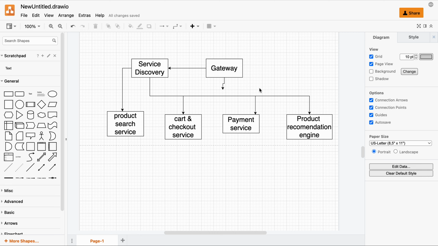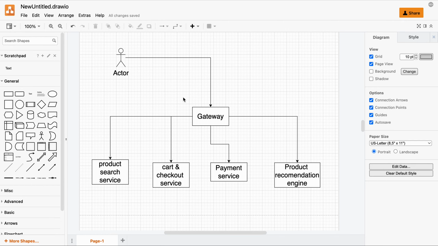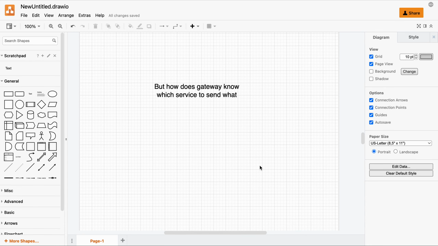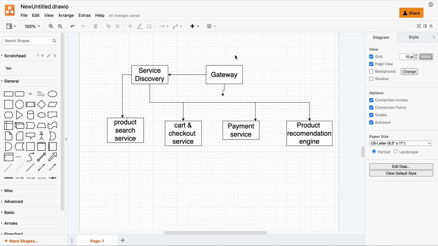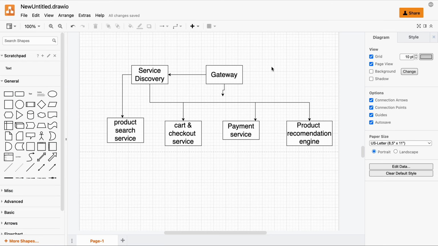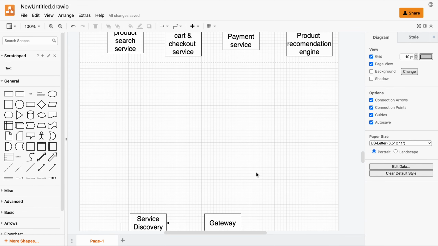Whether your application is in Java, Python or anything else, when you go to the microservice architecture, the issues mentioned right now regarding the gateway and service discovery are common problems that you face, and to solve these common problems there are common solutions, and that's called microservice patterns. The gateway is one example.